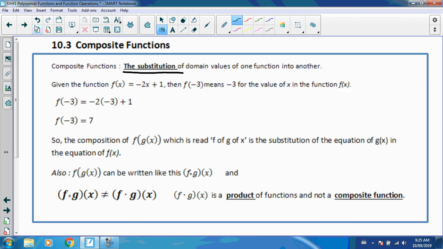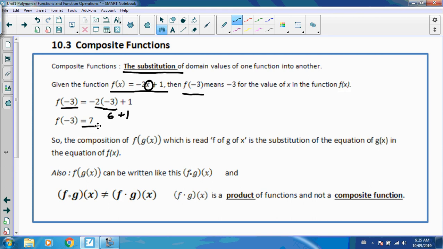So for example, given the function f of x, which is negative 2x plus 1, a linear function, the f of negative 3 means negative 3 for x in the function. So here I've replaced this x with negative 3, that's the f of negative 3, and negative 2 times negative 3 is 6, plus 1 is 7, and there we have it.